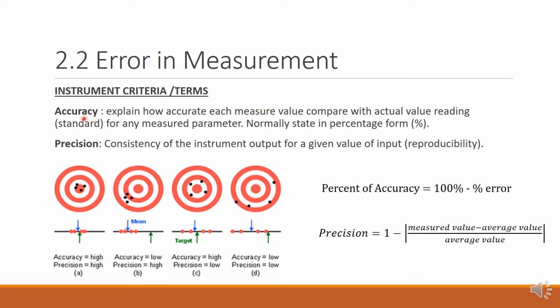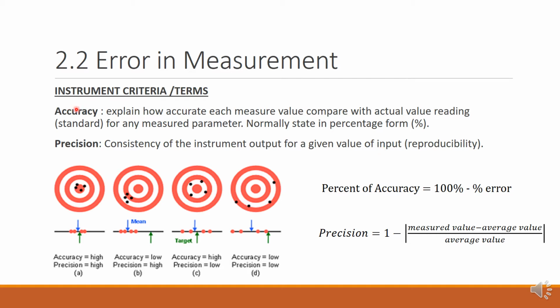For example, all instruments have the criteria of accuracy and precision. These performance criteria allow users to select the most suitable instrument for a specific measuring job.